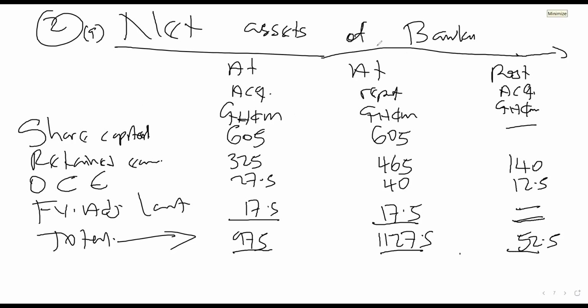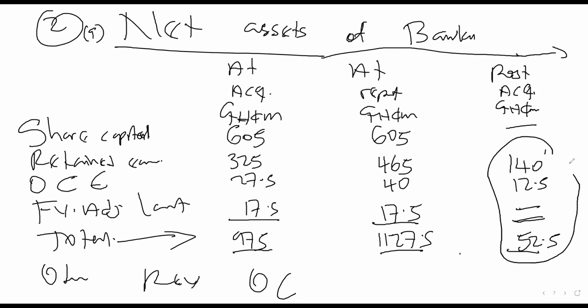Let's go to Bokum. First, please check if there is another component of equity, such as other reserves, revaluation reserve, OCE. If they are part of these figures, take it out before you share.